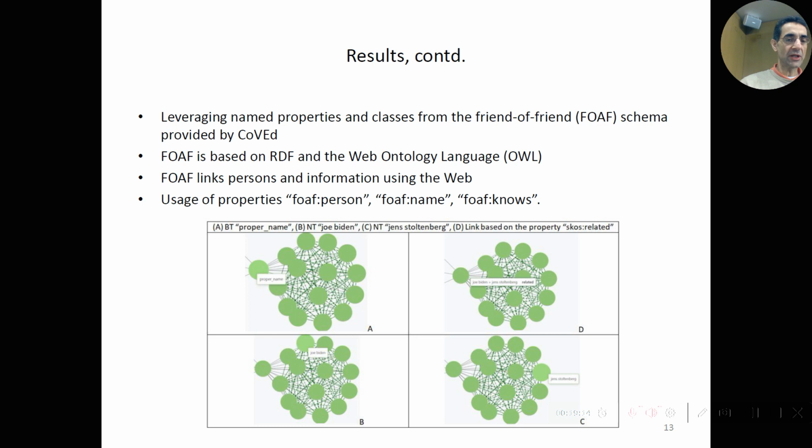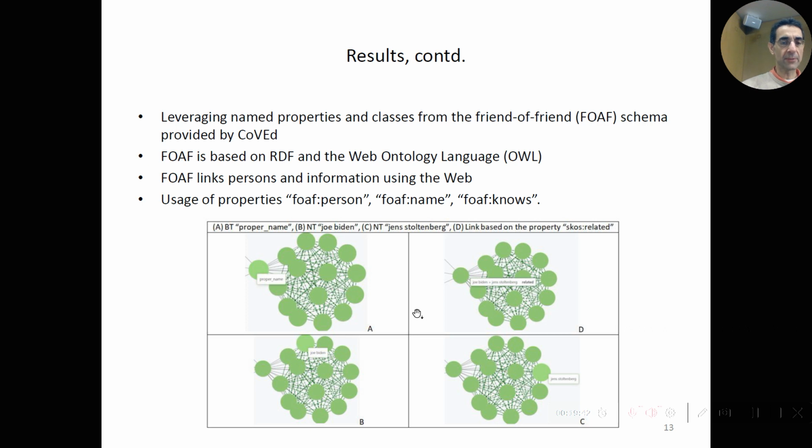The Cove application that we use for encoding data as a SKOS model also provides another graph functionality that helps us to isolate, so to speak, or to concentrate on relations between concepts and project them as a social network.